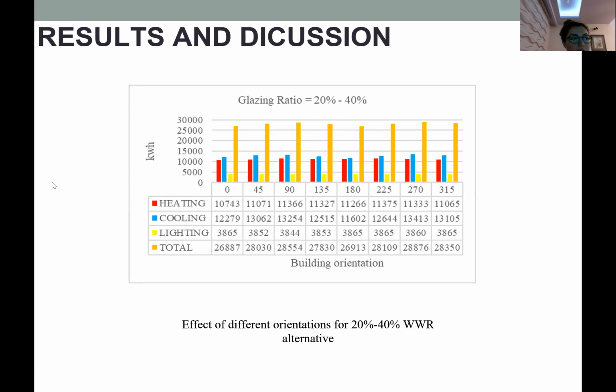In this figure, energy used for heating, cooling, and lighting in the different orientations, from 0 degrees without any changing to 315 degrees, is shown.